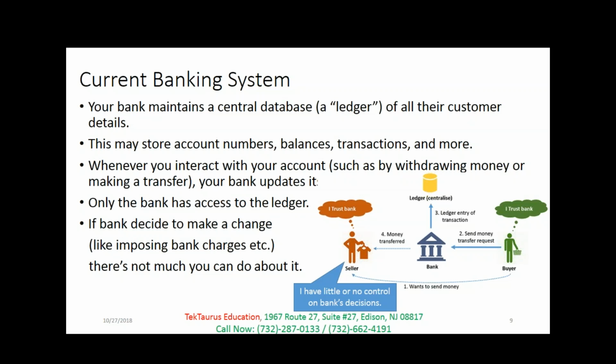Suppose at any point of time the bank decides to make a change in the customer's account, like imposing a bank charge, or withdrawing money, or transferring funds to a fixed deposit due to some government regulation. The customer can do not much about it.